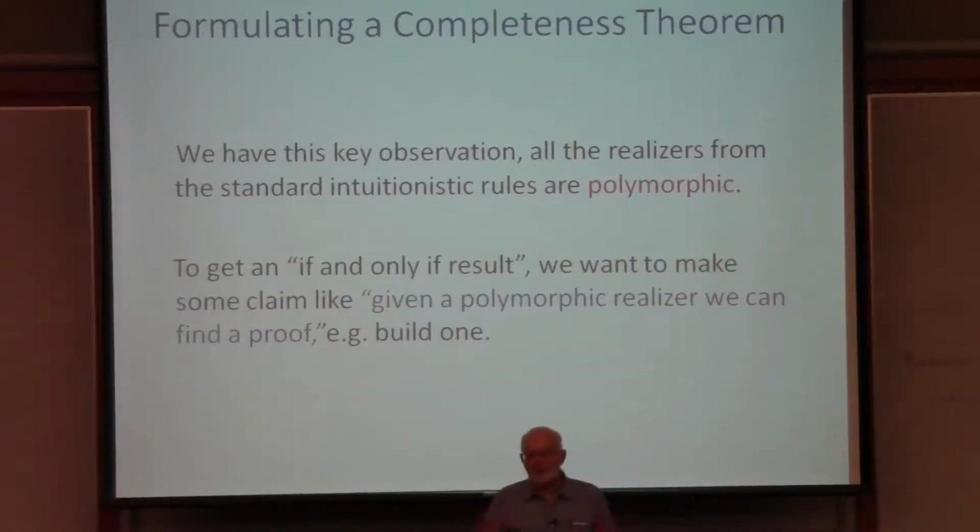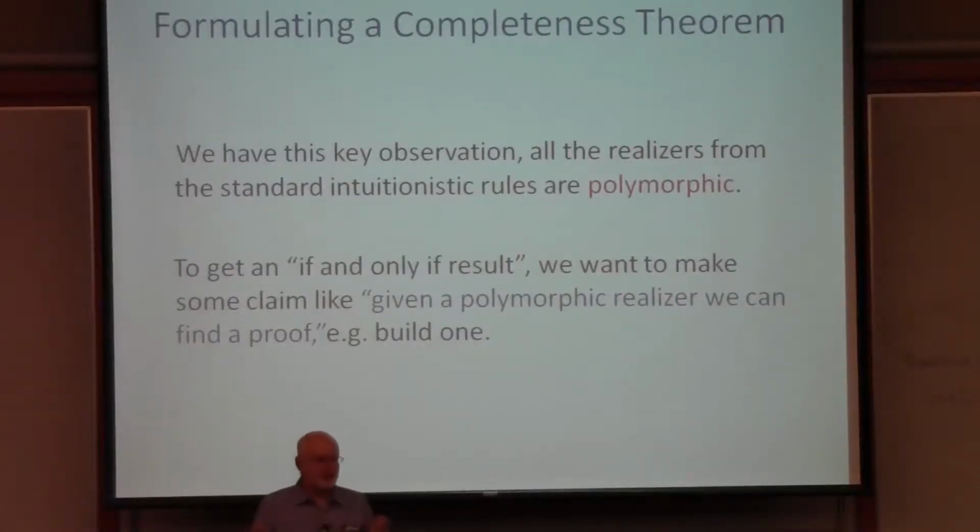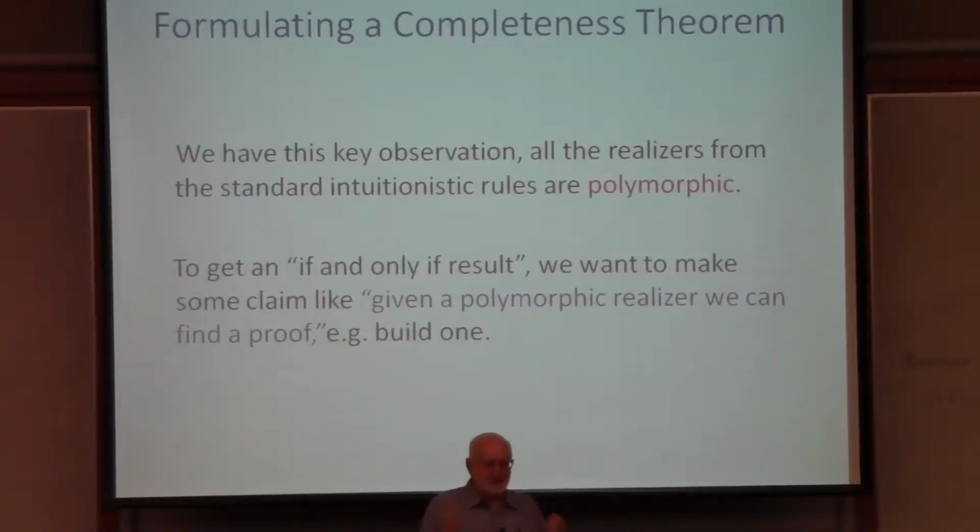If you come away with only one thing from my lectures, I hope that's something you'll understand, that from a proof in intuitionistic first-order logic, you can extract a polymorphic realizer. So how many people think you could tell that to your mother when you get home? Okay, how about to your office mate?